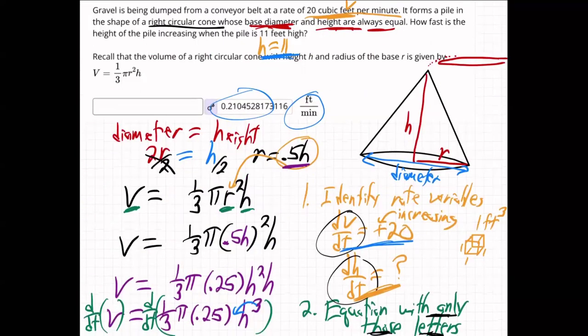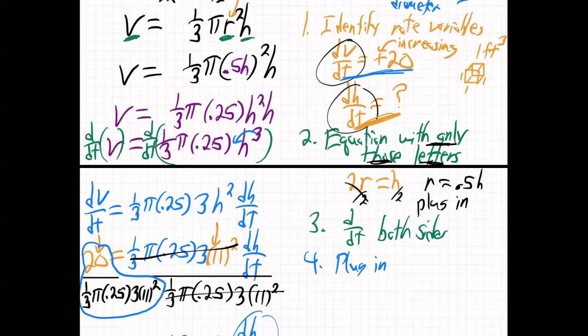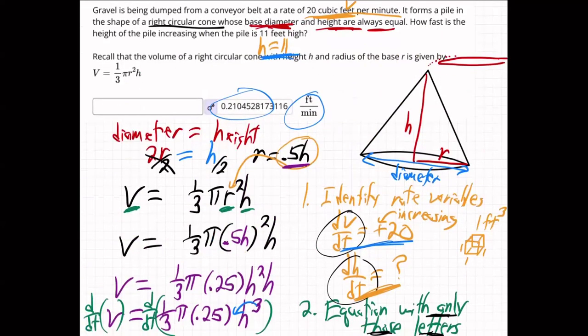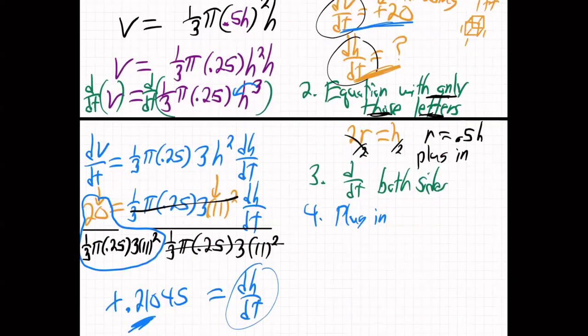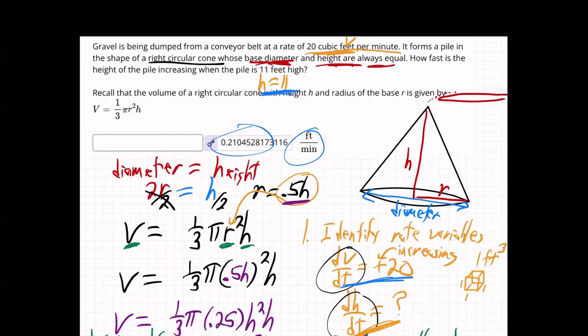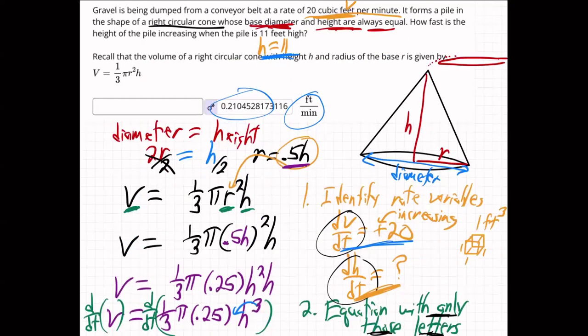We can figure out, based on how fast the gravel is being dumped into the pile and how the pile grows with a height equal to the diameter, that if you dump gravel at 20 cubic feet per minute from the conveyor belt, the height will grow by 0.21 feet every minute. And those are our units on that one, because it was per minute. And so there we go.